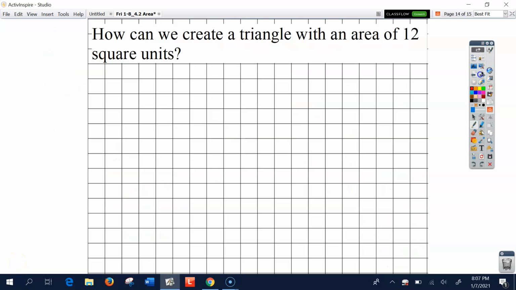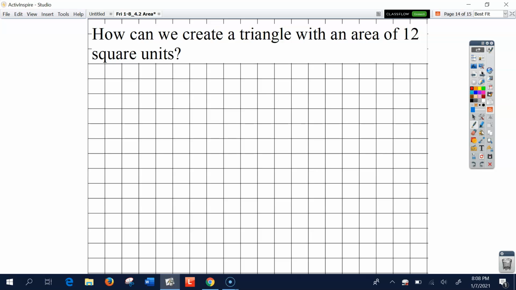Okay, so the last thing I want to show you is something that will make you think a little bit about some problem-solving strategy. So the question says, how can we create a triangle with an area of 12 square units?